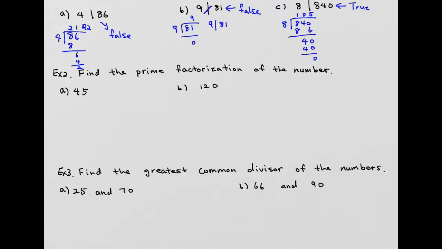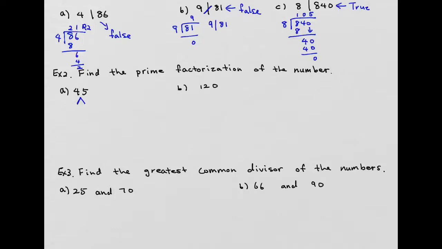Example 2 is asking you to find the prime factorizations. Factor means showing your number with multiplications. So for example, 45. If I wanted to find the prime factors, I need to find the prime values inside of 45. So I'm going to use the factor tree.